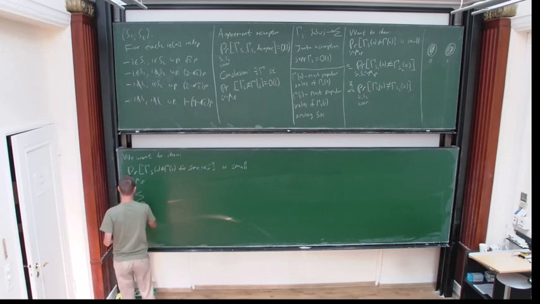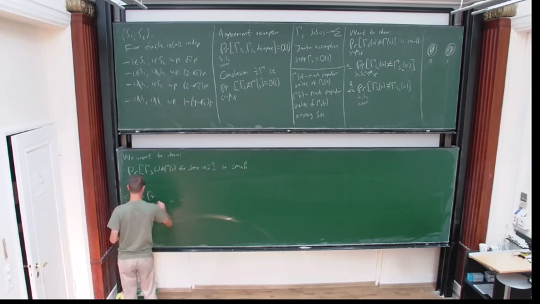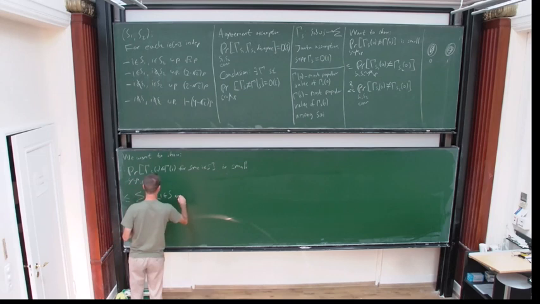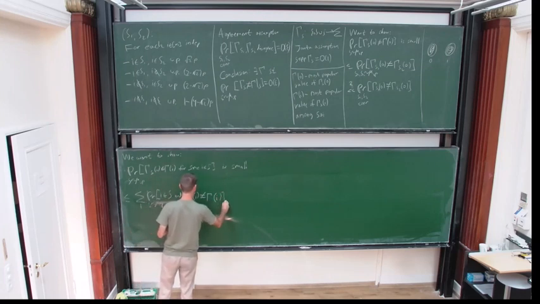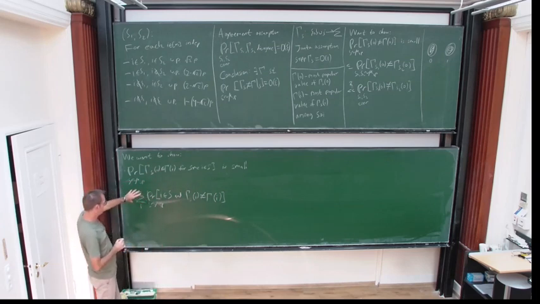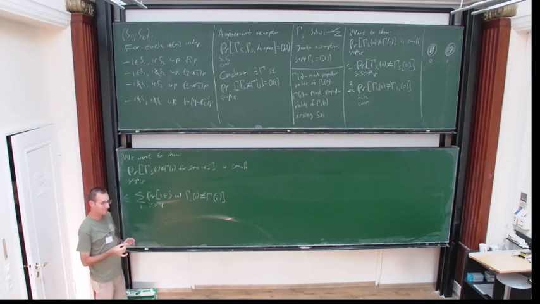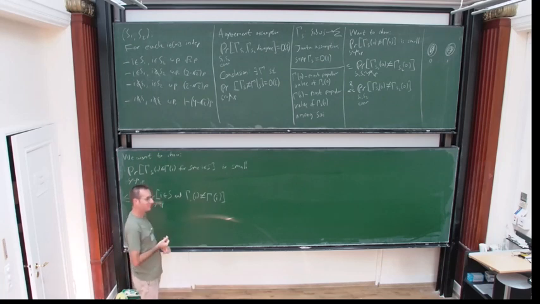So this probability is at most the sum over I of the probability that gamma S of I is different from gamma of I, assuming that I is in S. Instead of taking a sum just over the I in S, we're going to take a sum over all possible I, and we're going to sum over the probability that I is in S and gamma S of I is different from gamma of I. It's maybe a bit confusing whether this is really correct, so we had a small discussion, but it seems that this is correct.